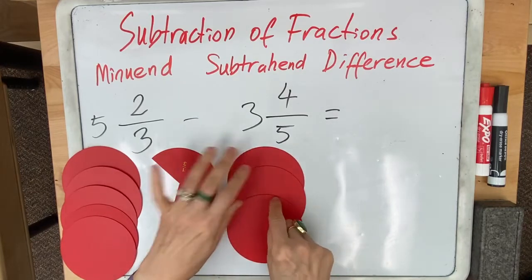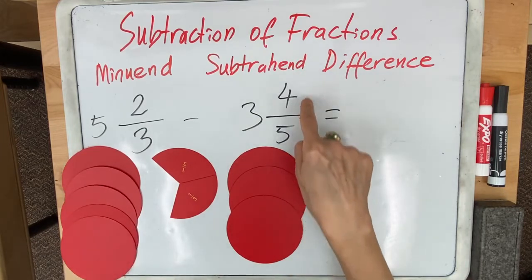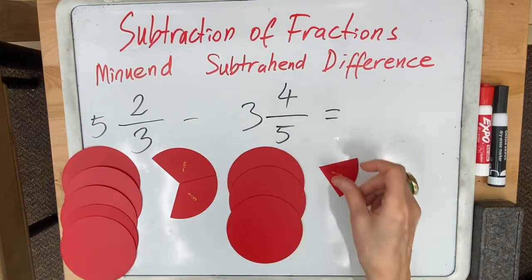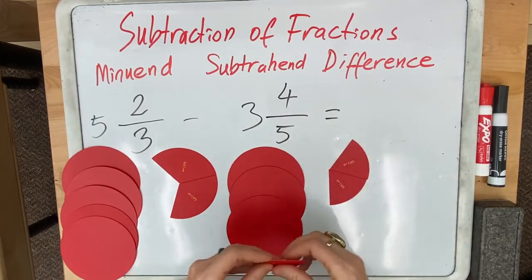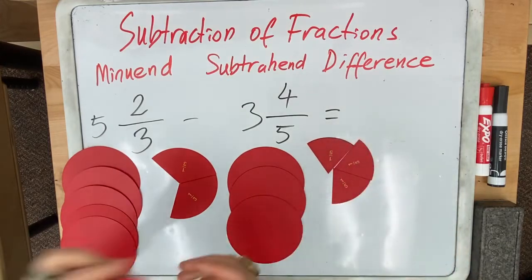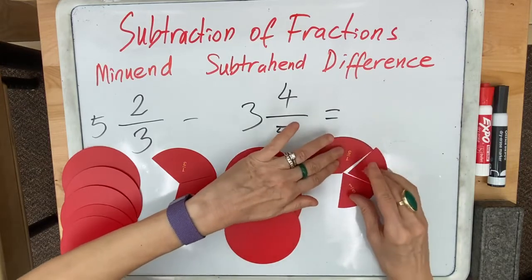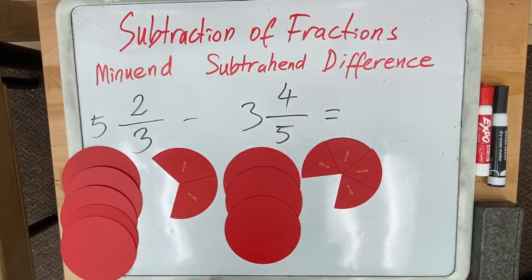Of course, I'm going to take this away from here. And 4/5. 1/5, 2/5, 3/5, and 4/5. Now I have both my minuend and subtrahend laid out.